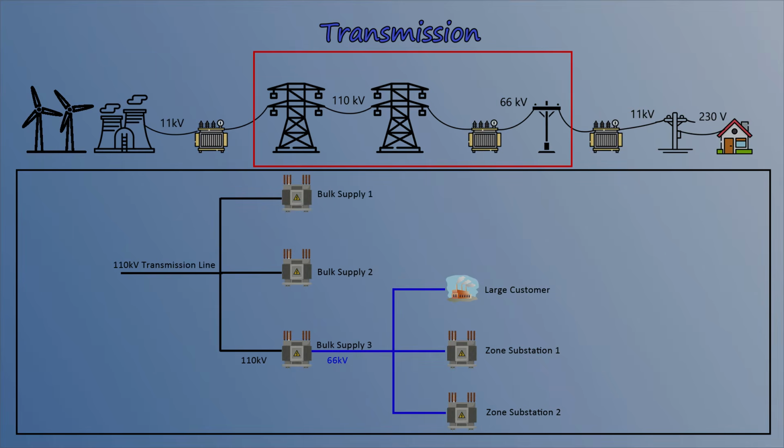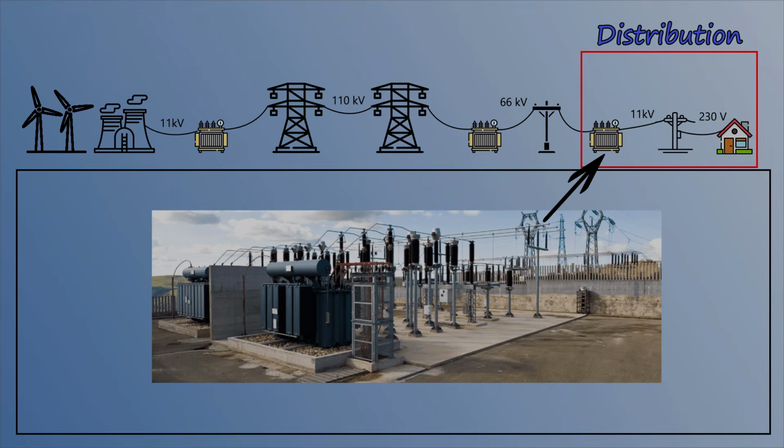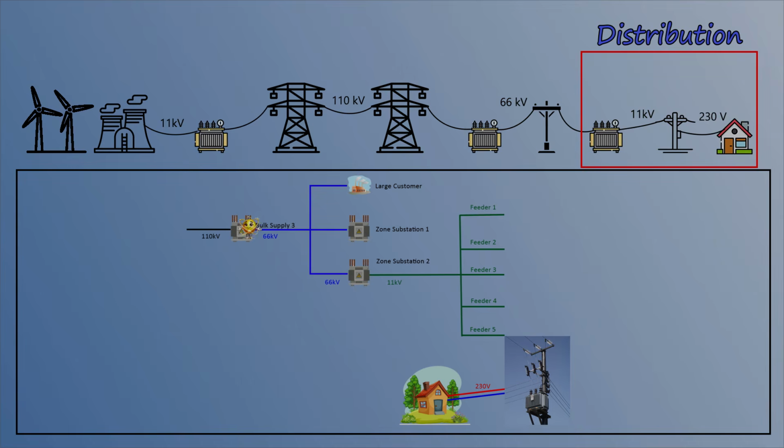In summary, the transmission line connects to multiple bulk supply points, and each bulk supply point connects to multiple zone substations and large-scale consumers. At the distribution substation or zone substation, the high voltage is stepped down to a more manageable level using a transformer. The voltage is then distributed through multiple feeders, typically at 11 kV, on our streets.